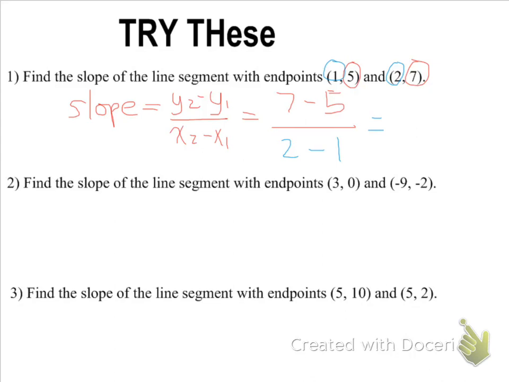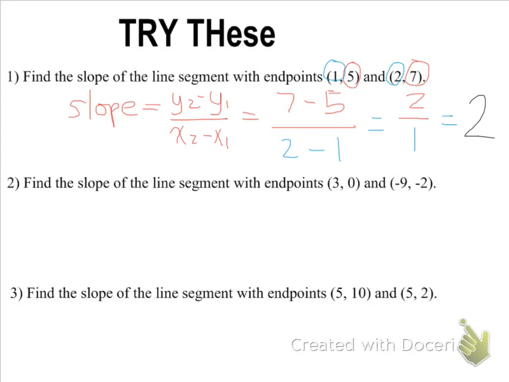Okay, and you get an answer. 7 minus 5 is 2. 2 minus 1 is 1. And as small or as low as possible, 2 divided by 1 is the whole number 2. So the slope is 2.